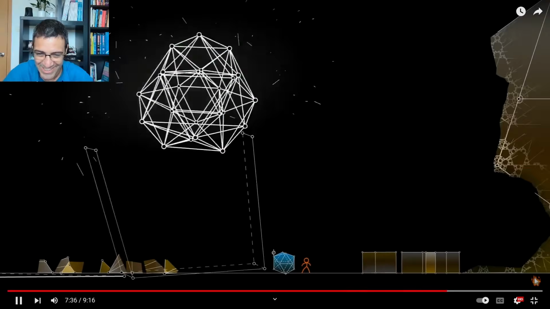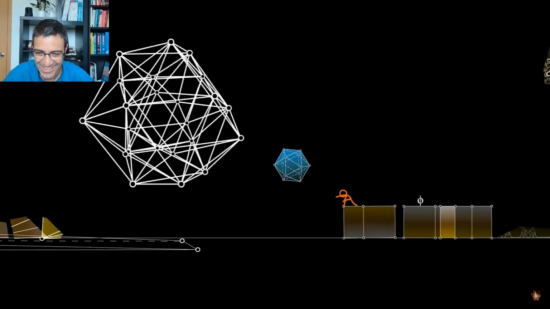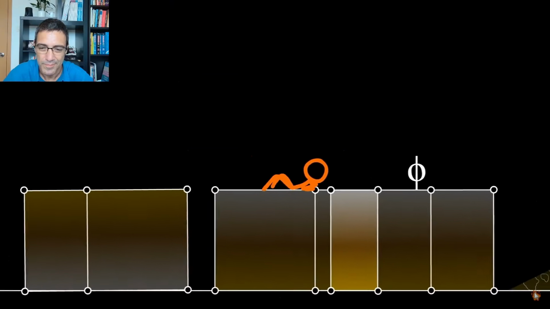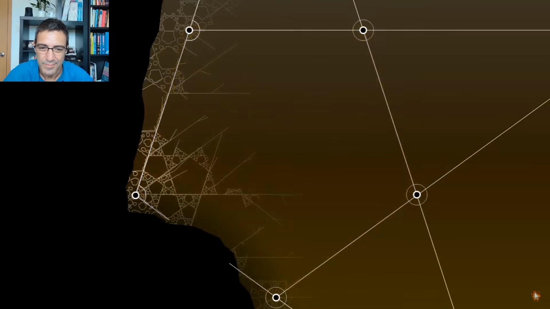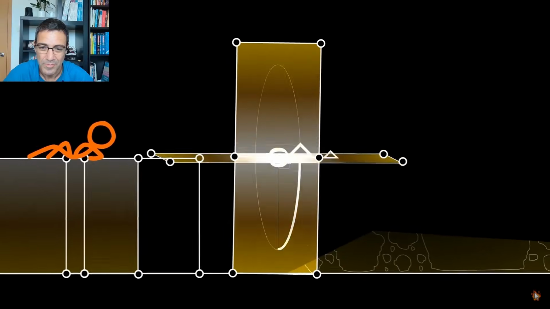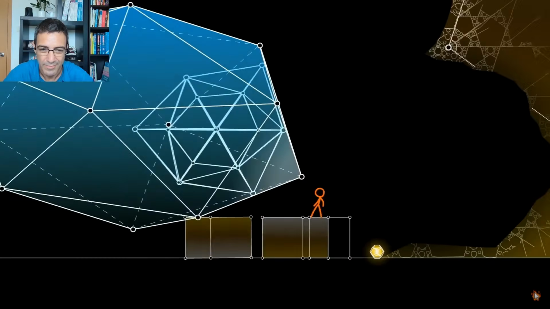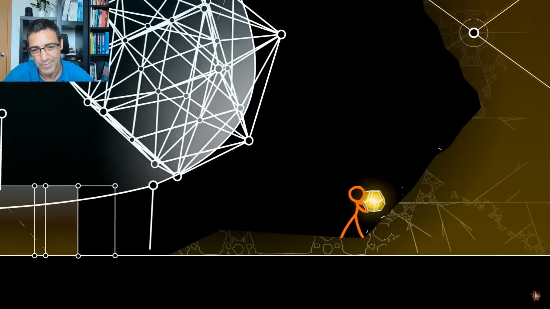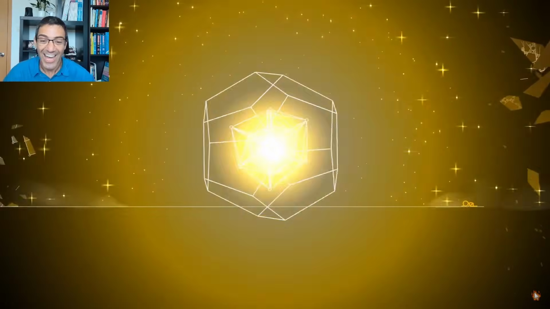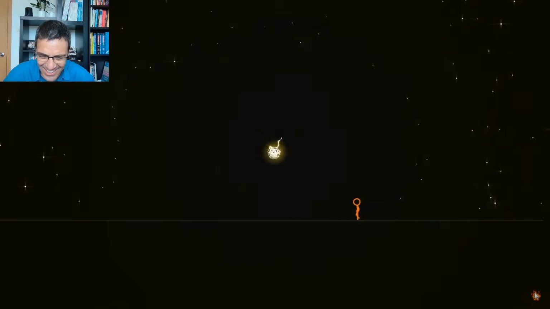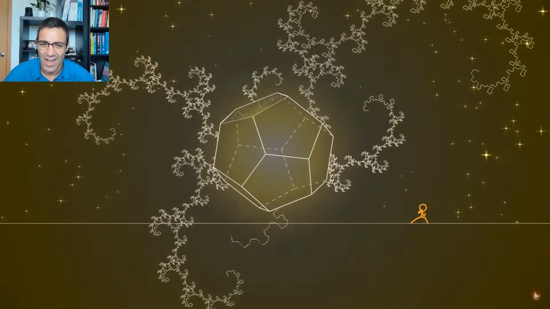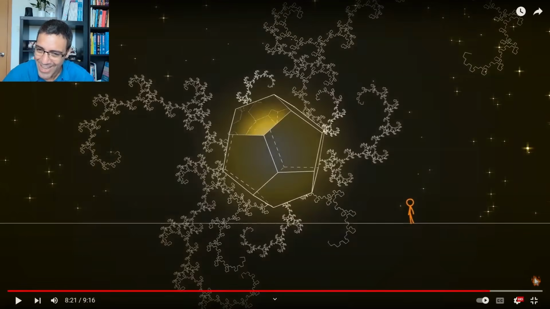Icosahedron. So we threw the dodecahedron at him, and now you have these beautiful dragon curves.